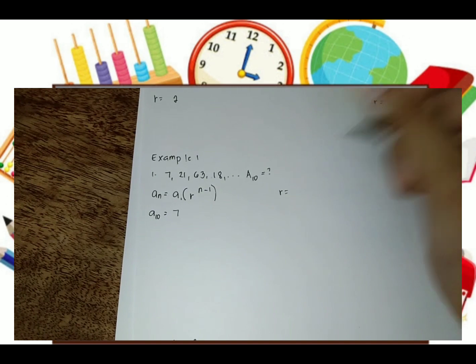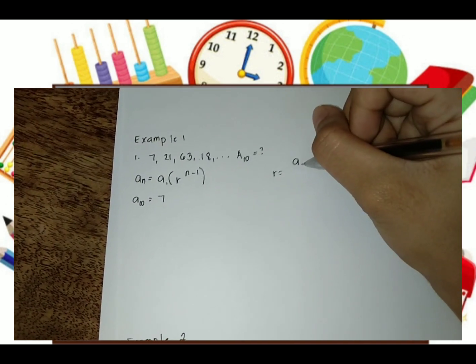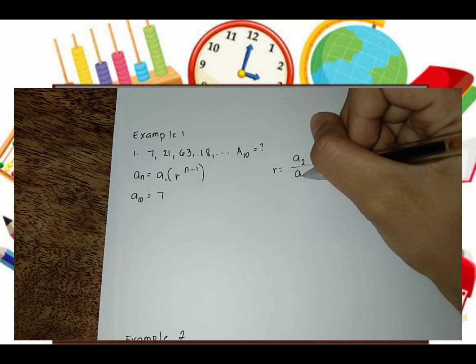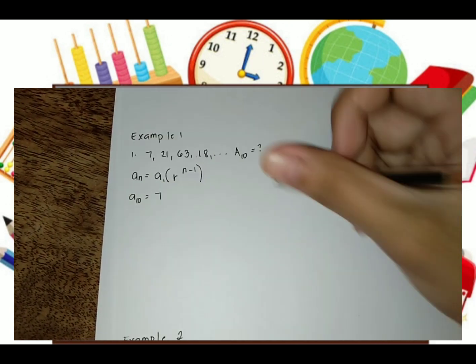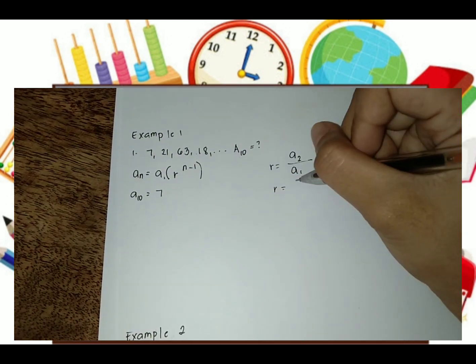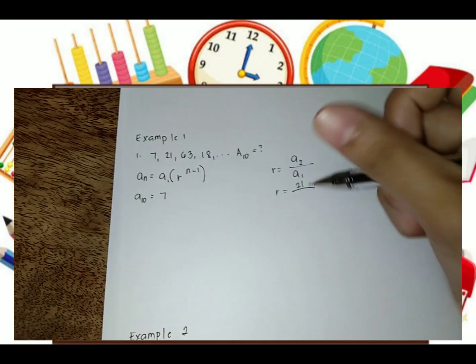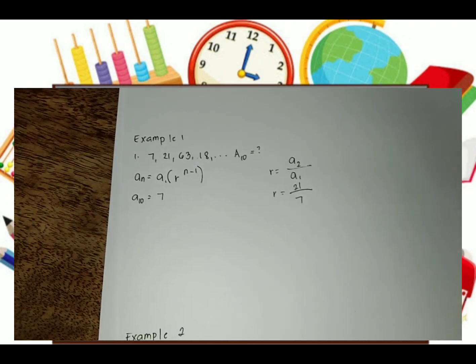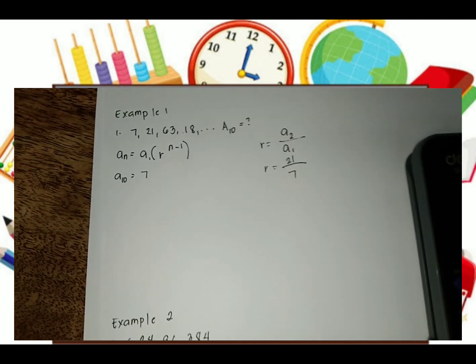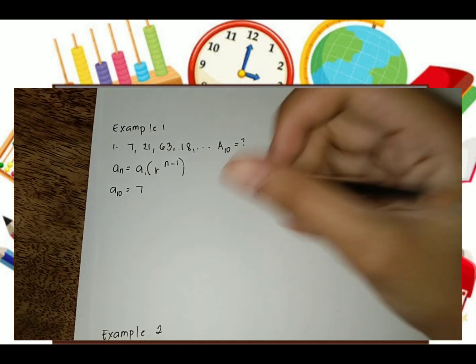This is the formula in getting the ratio of the given geometric sequence: a sub 2 divided by a sub 1. So our a sub 2 is 21 divided by a sub 1, which is 7. So 21 divided by 7 is equal to 3.